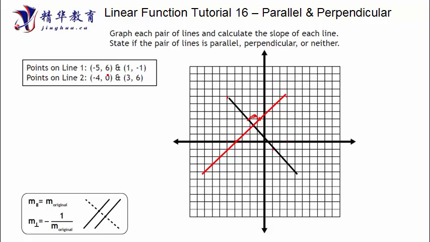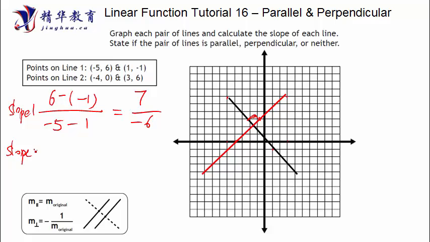Slope, same thing. We can use y1 minus y2, which is 6 minus negative 1, that's 7, and then x1 minus x2, negative 5 minus 1, which is negative 6. That's slope 1.